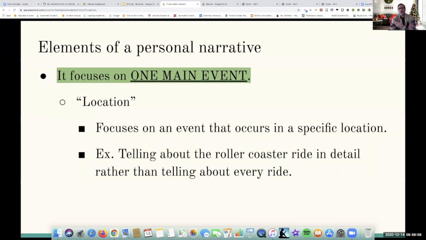This is something that I see quite a bit in student writing at all levels, from elementary all the way up through college. The problem is, well, I want to talk about all the rides that I went on when I was at Knott's Berry Farm.